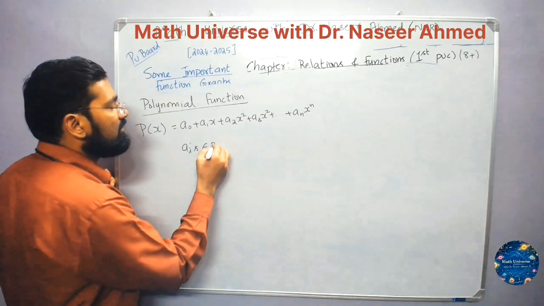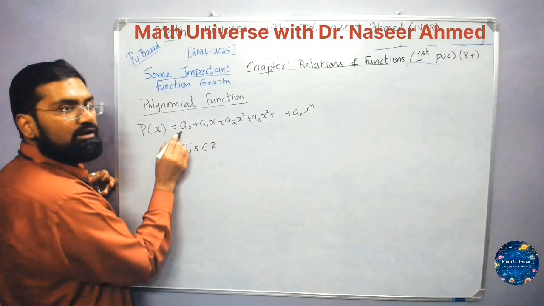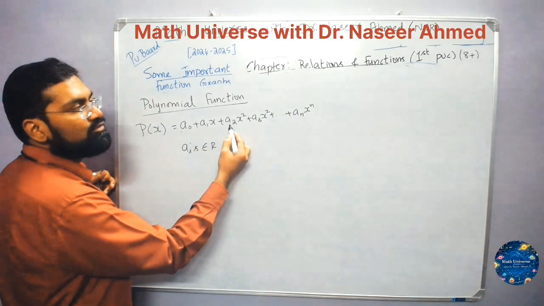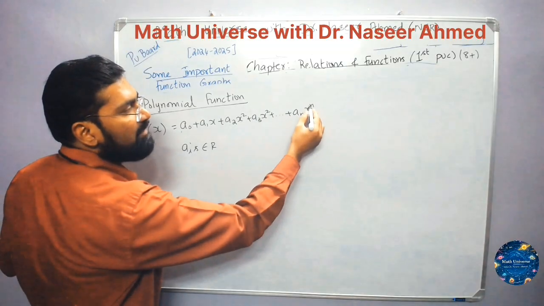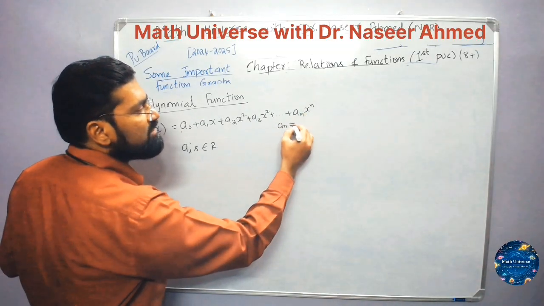It's a real number. When i is equal to 0, a0. When i equal to 1, i equal to 2, we'll get this. And this is the n degree polynomial, provided this x power n multiple is not equal to 0.